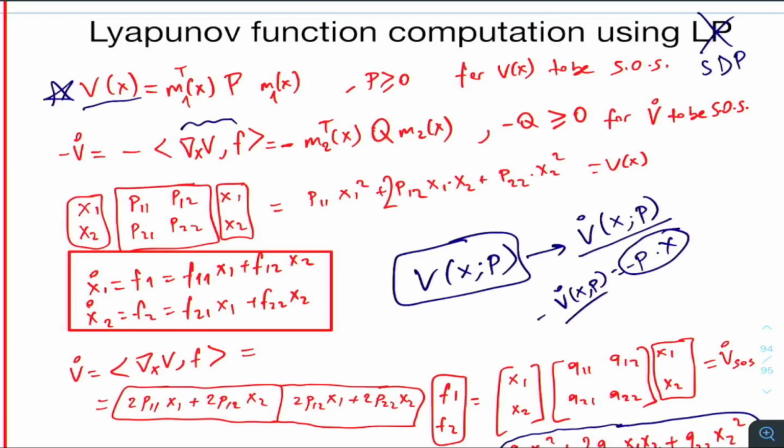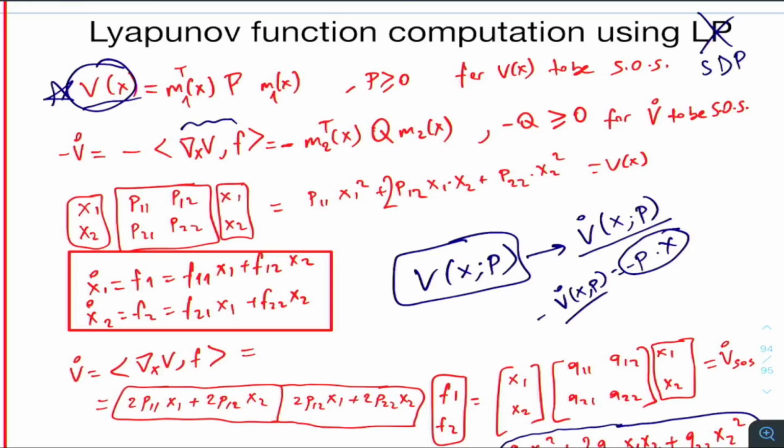And again, what did we do in the first place? We just represented v of x such that it would be easier for us to parameterize v of x to be a SOS function, okay?